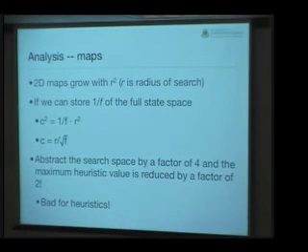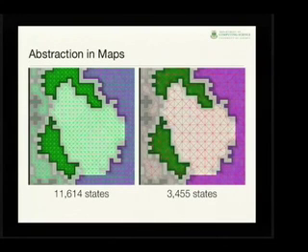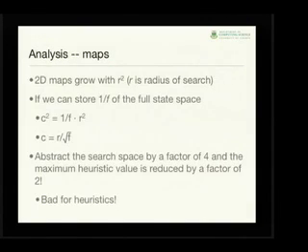If we try to do the same analysis of what happens when I build an abstraction, before we solved problems in the abstract state space to get a heuristic, and we could do the same thing here, where I compute a solution from a particular state and see what distances I get. A 2-dimensional map grows with the radius of the search; it basically grows as r squared.